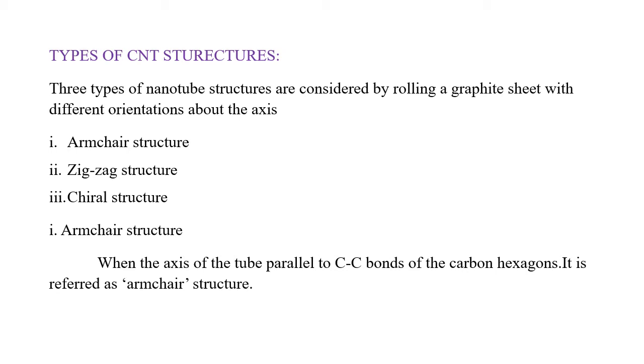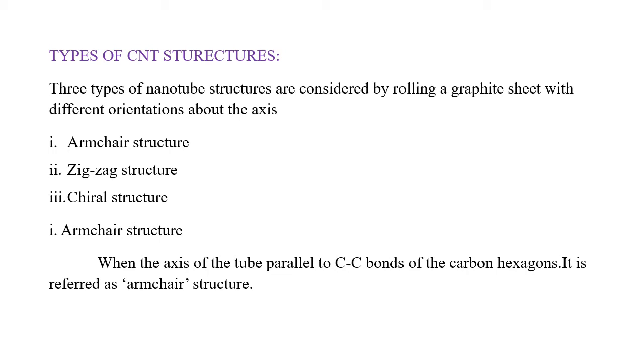First one is armchair structure. When the axis of the tube is parallel to the C-C bonds of the carbon hexagons, the structure shown in the figure is obtained. It is referred to as armchair structure.